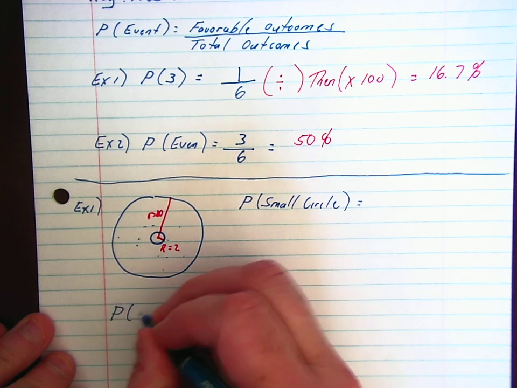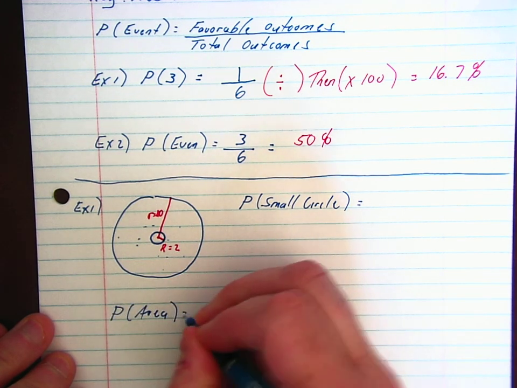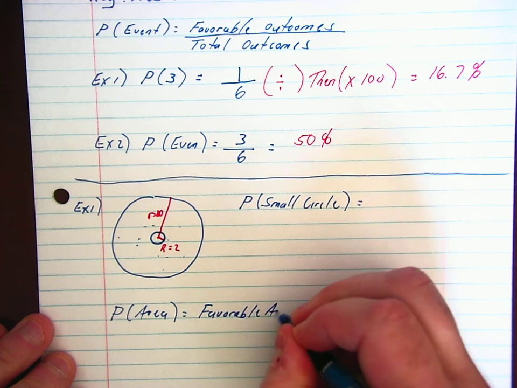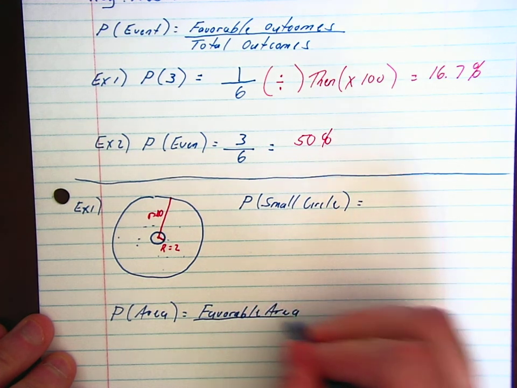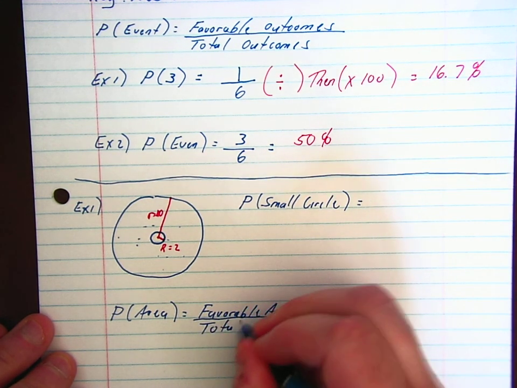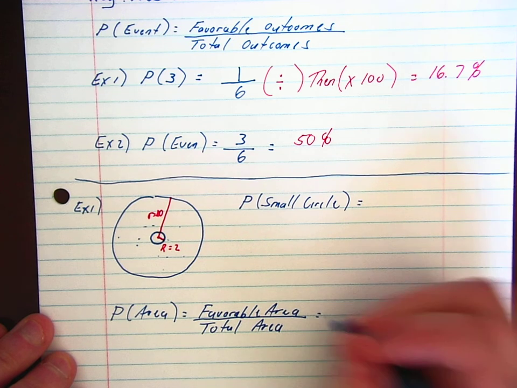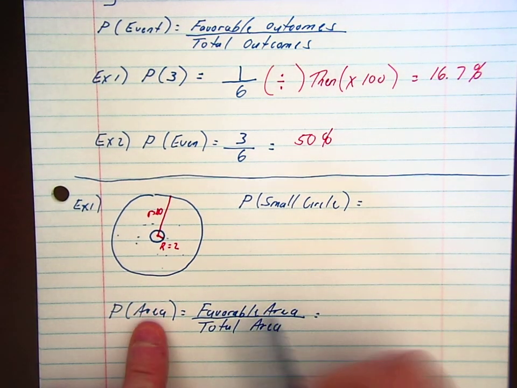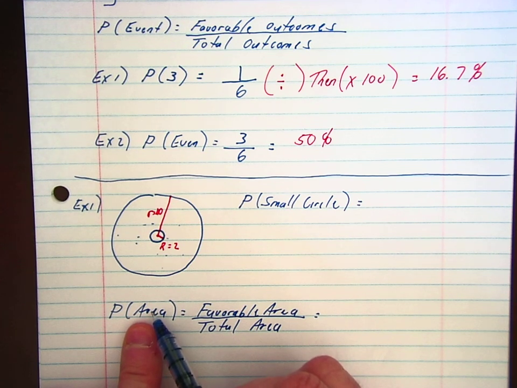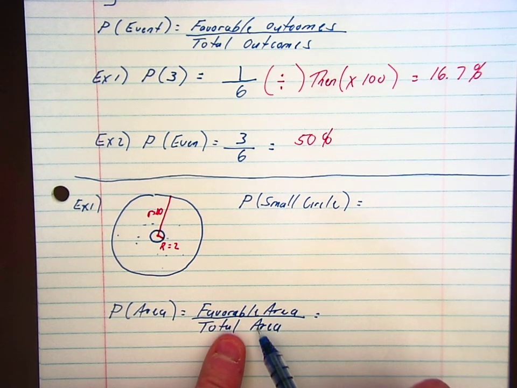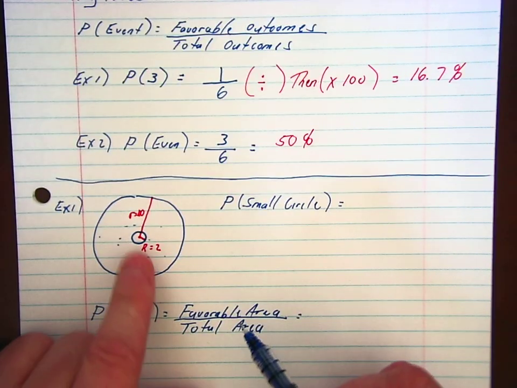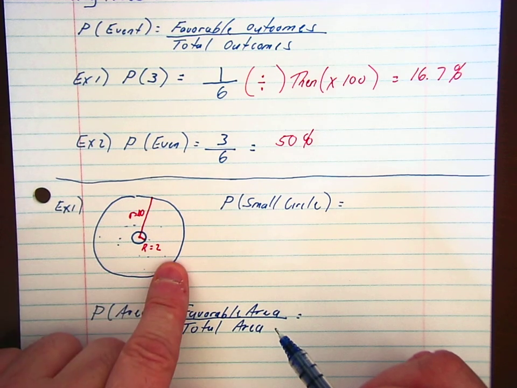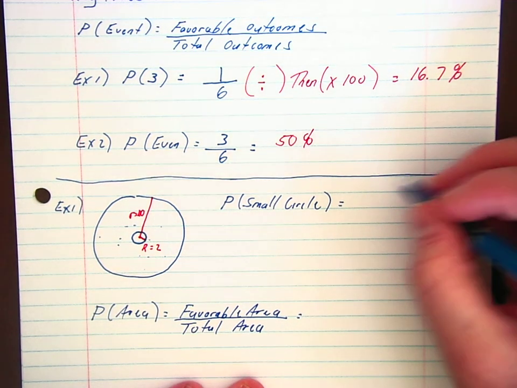The probability of an area is equal to the favorable area over the total area. Now remember what favorable is. Favorable is whatever's in that parenthesis. So I'm going to have to find the area of whatever's in that parenthesis in the problem and put that over the area of the whole thing. So in this case, I'm going to find the area of the small circle and put it over the area of the big circle.